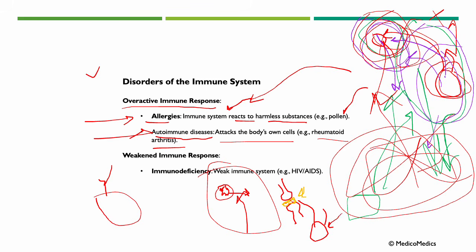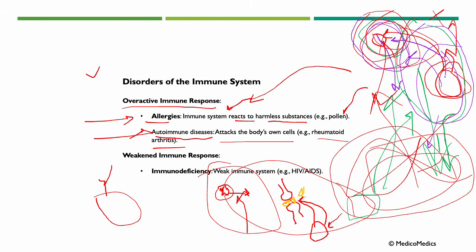So it will over time destroy this fluid. And then patients will present with, for example, rheumatoid arthritis. Now, autoimmune diseases are many, and we cover them in immunology and in other lecture series. But this is another prime example of how our immune system is dysfunctional.